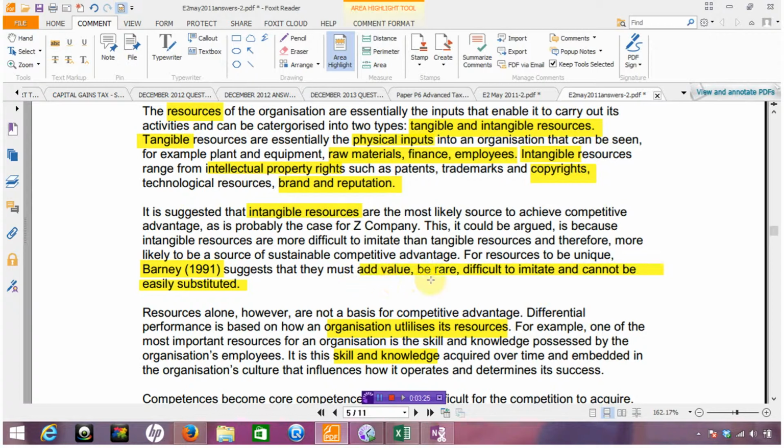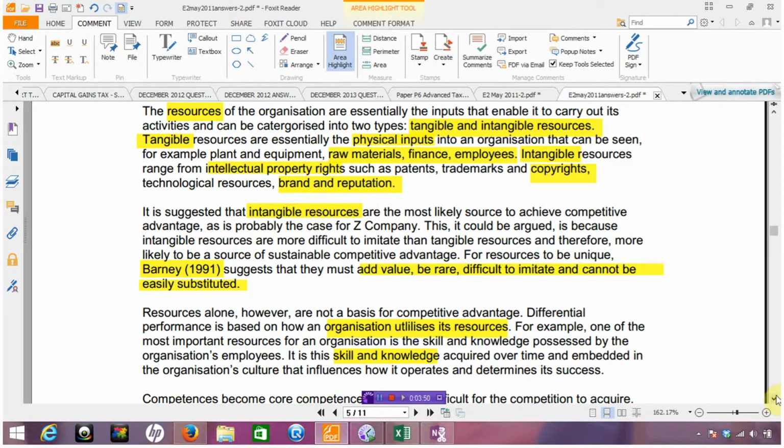They've got to add value, be rare, difficult to imitate, and not easily substituted or copied by another company. So the key points so far are resources and competences, and this idea of stretching what you've got by looking internally at what you have rather than externally with the positioning view.